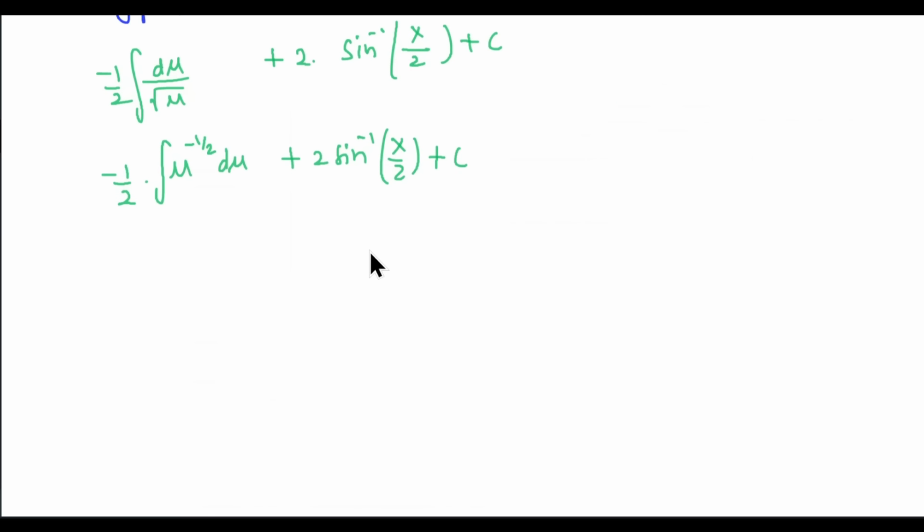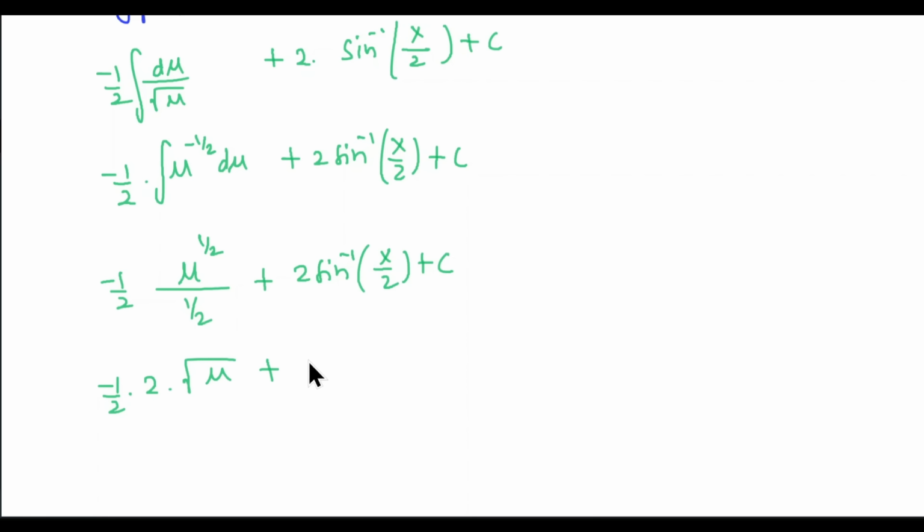And how do you integrate this one? That's just add 1 to the power, so it will become 1 over 2, and divide by the power, and then everything else is as it is. This 2 jumps up, so it will become negative 1 over 2 times square root of u plus c. I'm tired of writing this again and again.